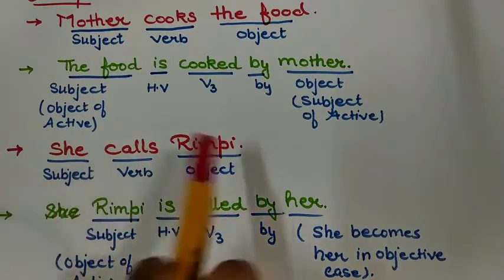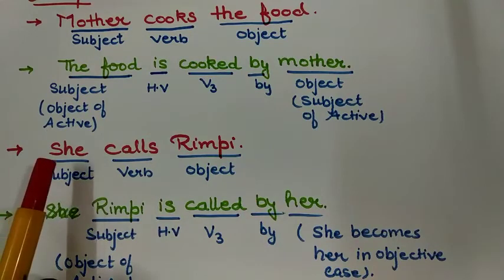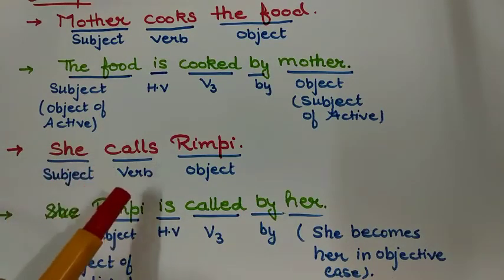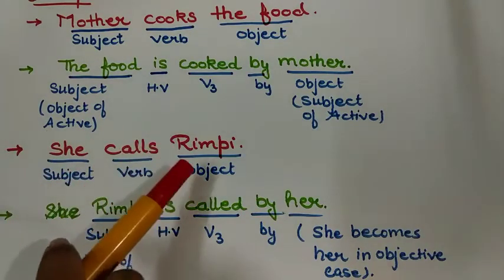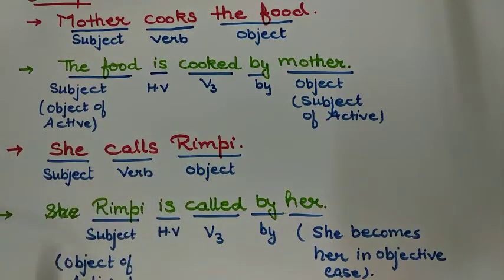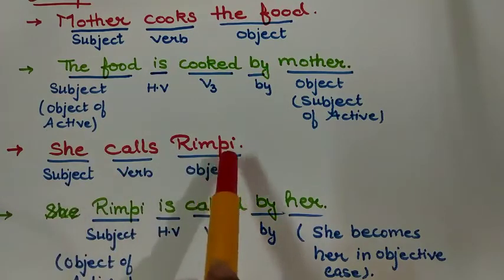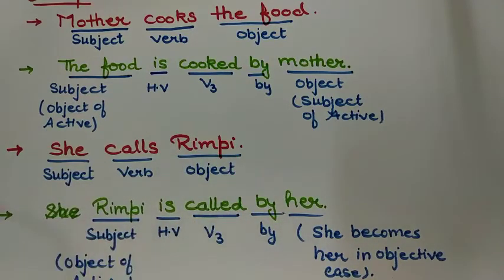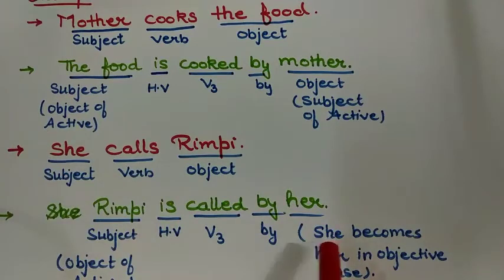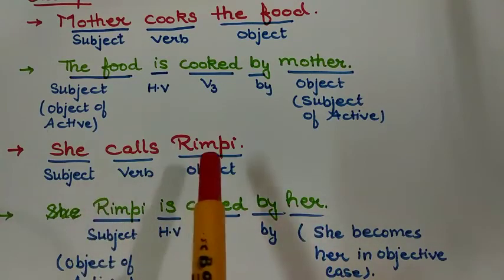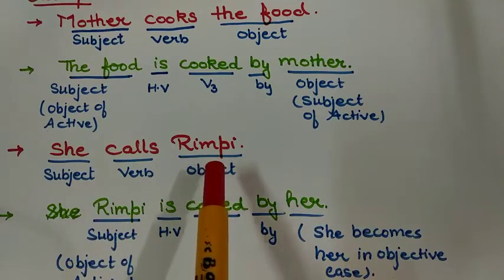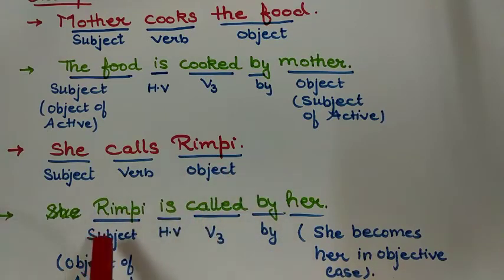She calls Rimpy. Here, she is a subject, calls is a verb, and Rimpy is acting as an object. Now, according to the construction, we should convert this object into the subject and this subject into the object. See, Rimpy is called by her. This is passive. Rimpy, which was an object in active, is now the subject of passive sentence.